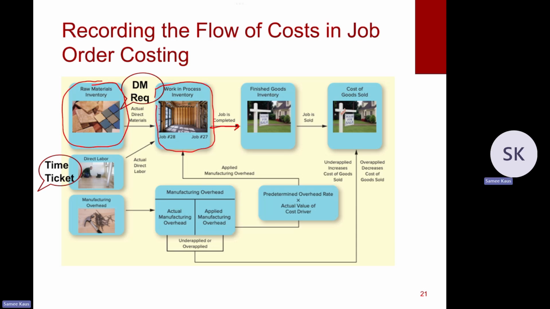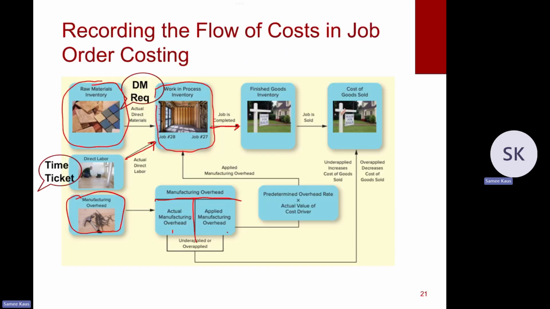But before that happens, I have other things going into my work in process. Sure, I have my sheet metal, but I also have all of my laborers' time. Remember when I went through my time ticket? And then what also hits is my manufacturing overhead. And remember, I went through the process of saying, hey, I have my applied, I have my actual, and I apply my manufacturing overhead.